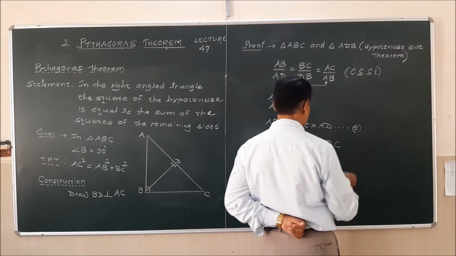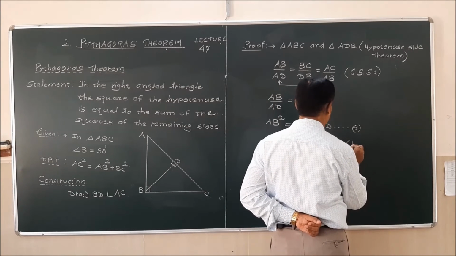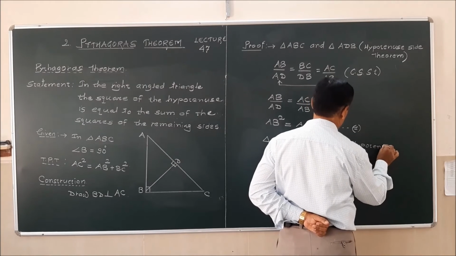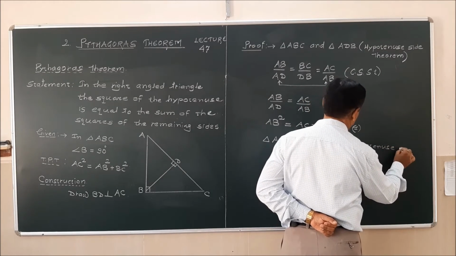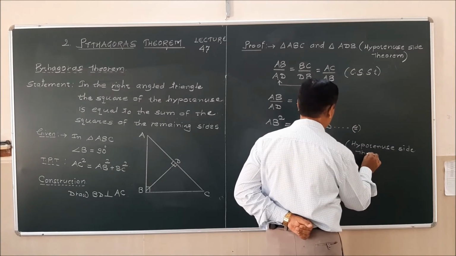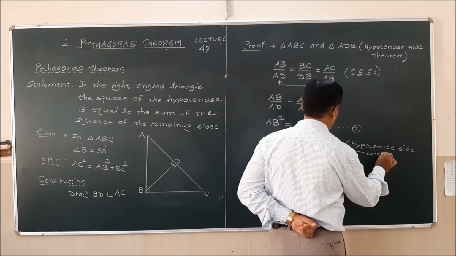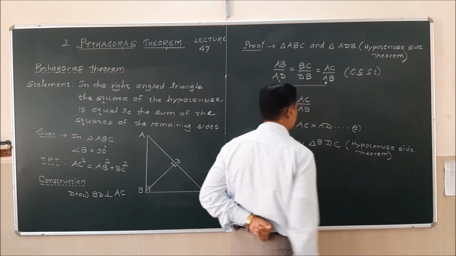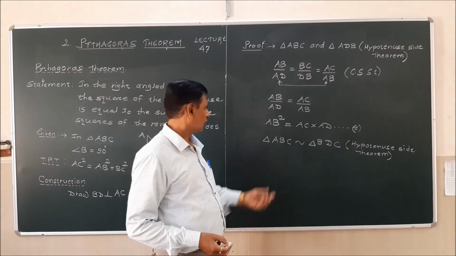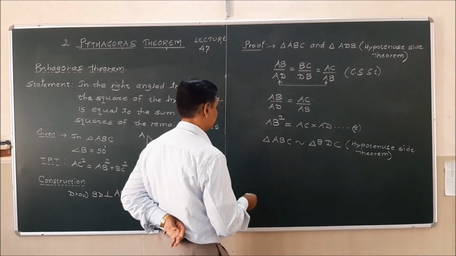the same way. The reason is the same, hypotenuse side here, hypotenuse side there. Now I will take a ratio AB upon BD.